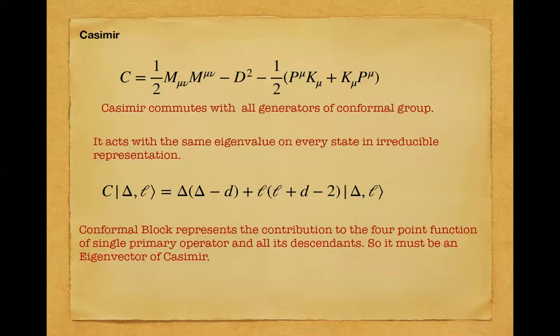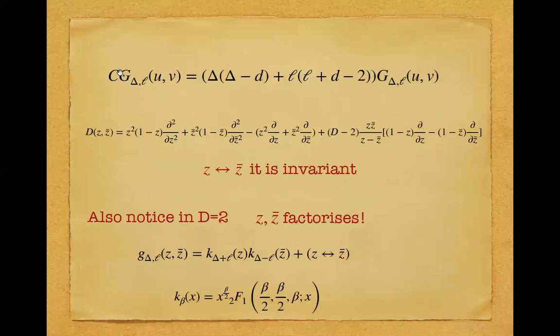So if you act with the Casimir on the block, you should get back some eigenvalue times the same thing. That's what happens: these conformal blocks are eigenvectors of the Casimir operator, and it gives you this eigenvalue.